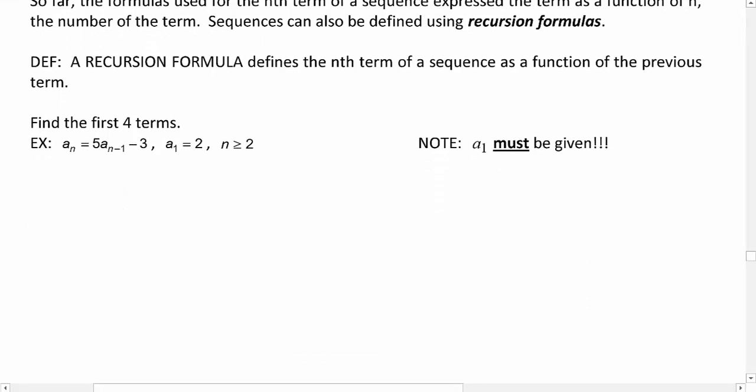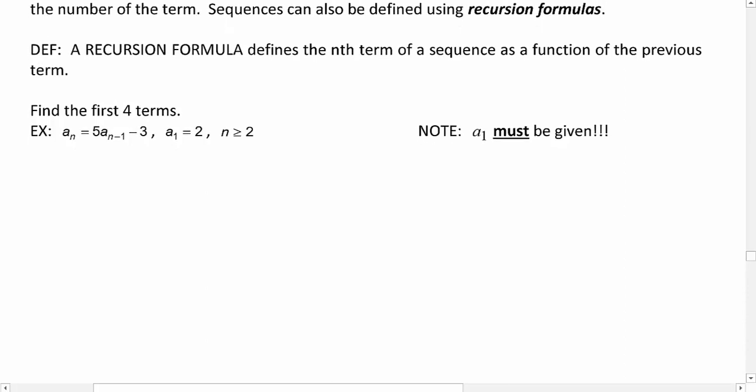Please note that when you're asked to list out terms of a sequence given a recursion formula, the first term has to be given. You have to be given a starting point. So looking at our recursion formula here, a sub n is equal to 5 times a sub n minus 1 minus 3.